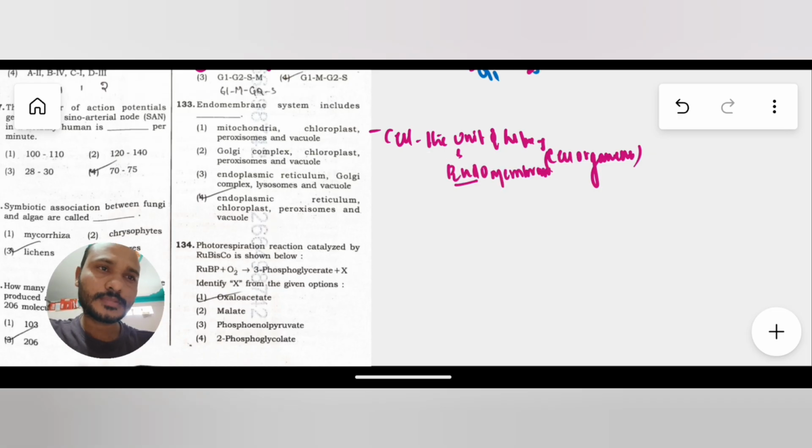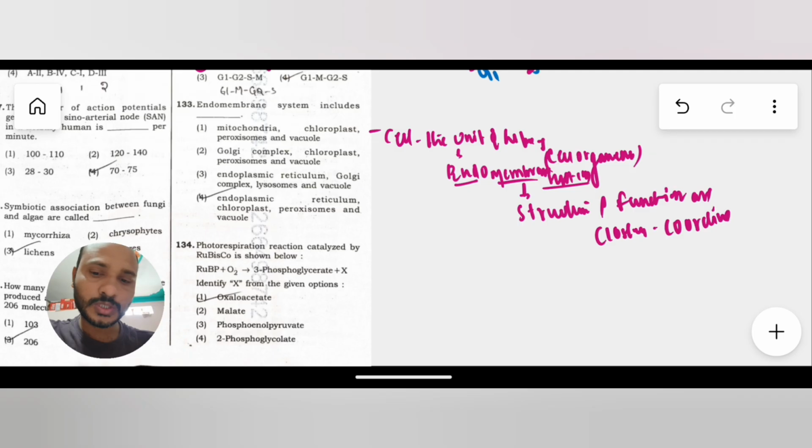There are some cell organelles whose structures and functions are closely coordinated with each other, and they perform their functions and roles together. Such closely related organelles together form the endomembrane system.